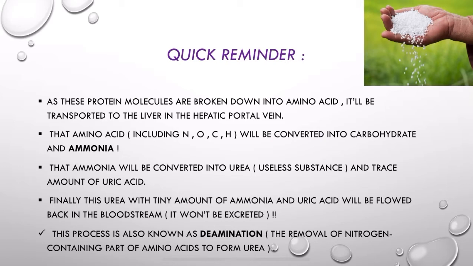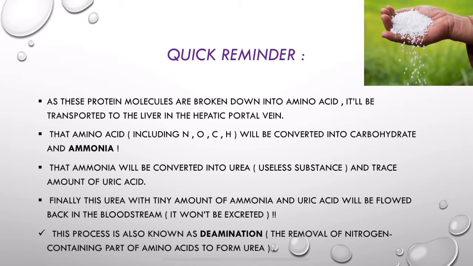And as you know, in carbohydrates oxygen is present, carbon is present, and also hydrogen is present, but nitrogen is not present in carbohydrates. In ammonia, which is known as NH3, nitrogen is included. So in other words, ammonia can be known as the nitrogen containing substance.